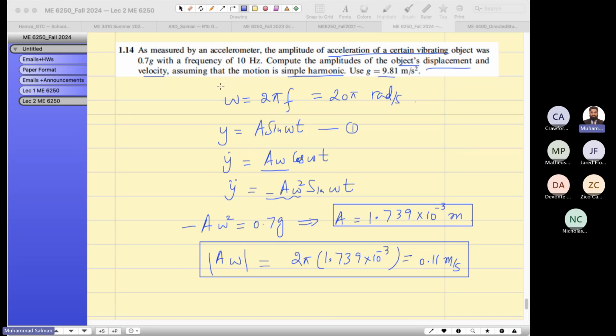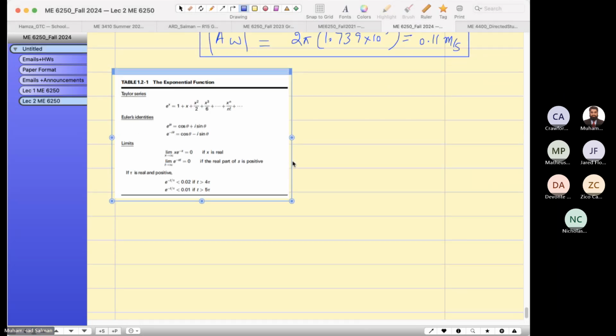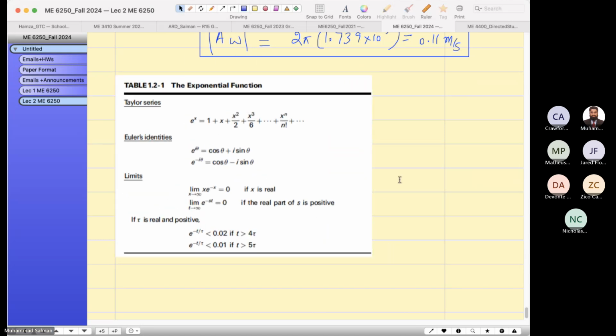When you go home, you study this table, that e to the x is represented in the Taylor series like this. You can apply the same Taylor series to e to the j theta.